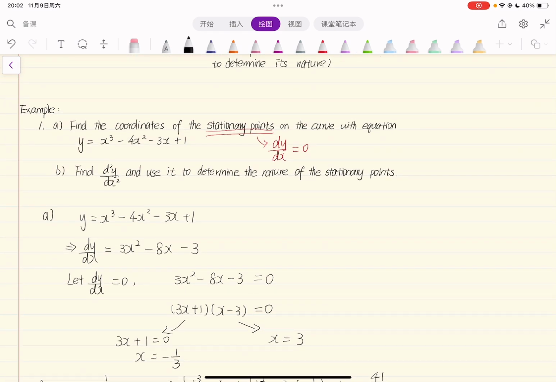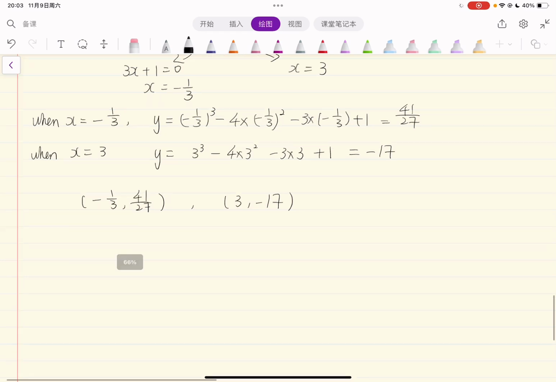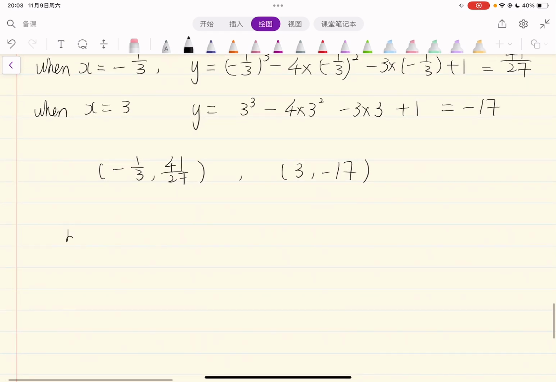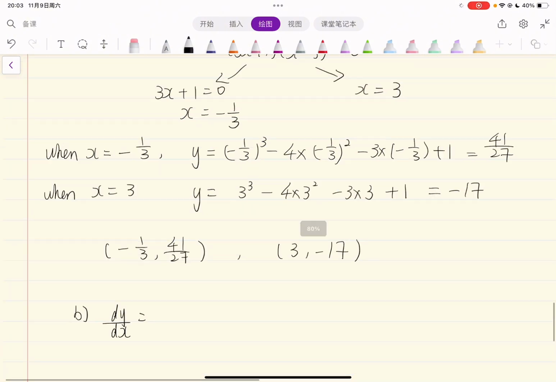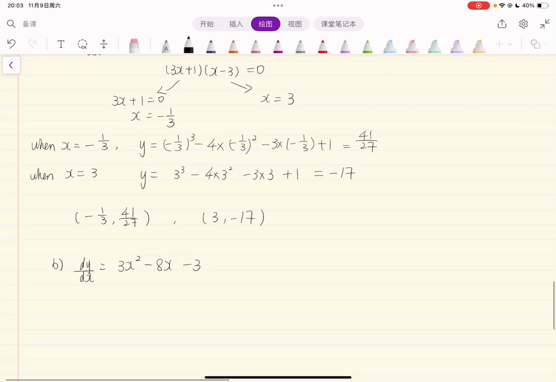Part B says find the second derivative and use it to determine the nature of the stationary points. Firstly, let's write down the equation. We have dy over dx equals 3x squared minus 8x minus 3. Thus, the second derivative equals 6x minus 8.